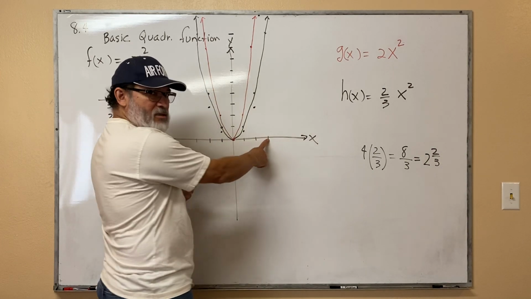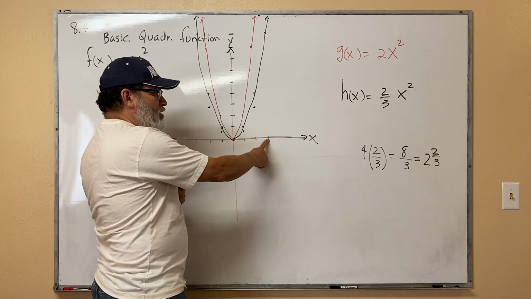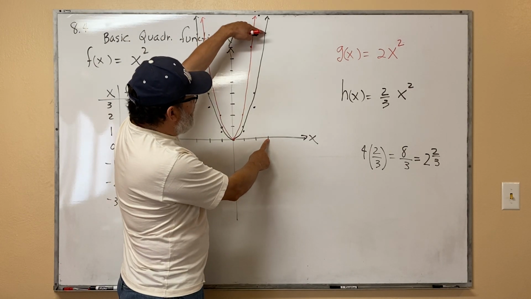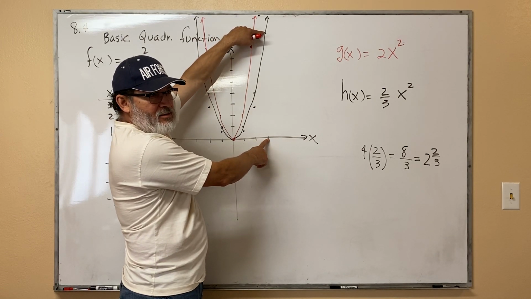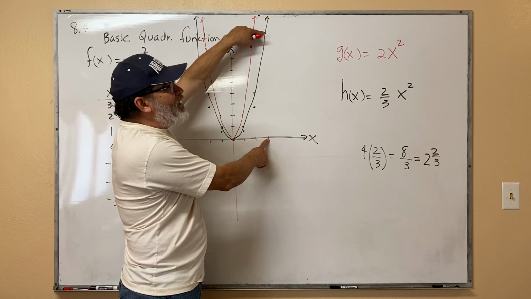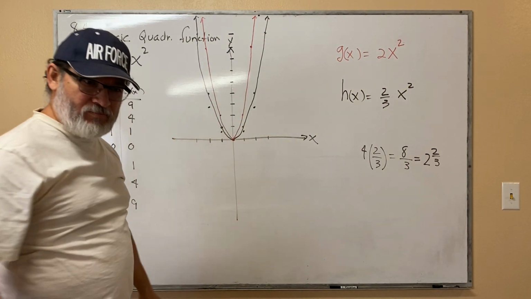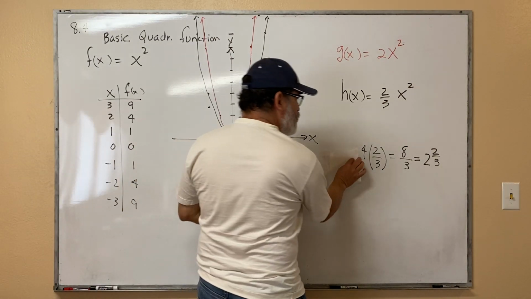3 times to your right. Before it was what? 9 up. Now you take that 9 and multiply times 2/3. What is 9 times 2/3?